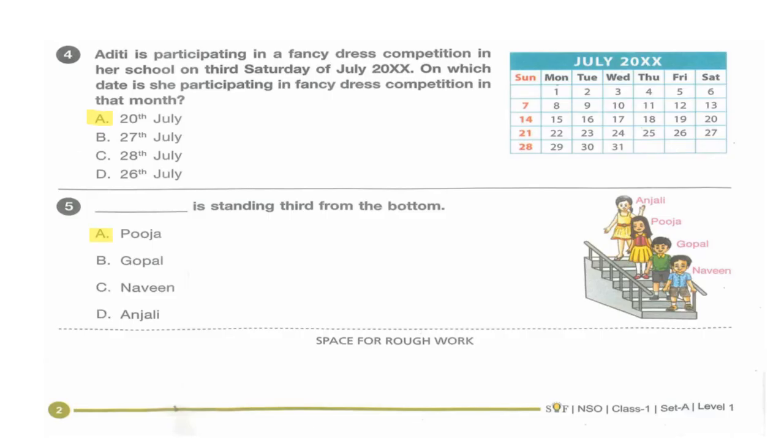So who is in the bottom? Naveen is in the bottom. And who is the third from the bottom? Gopal is second and third would be Pooja. Hence, Pooja is standing third from the bottom. Answer A.